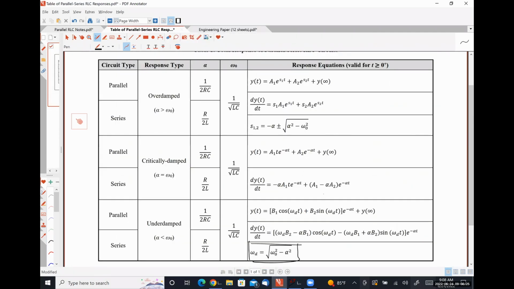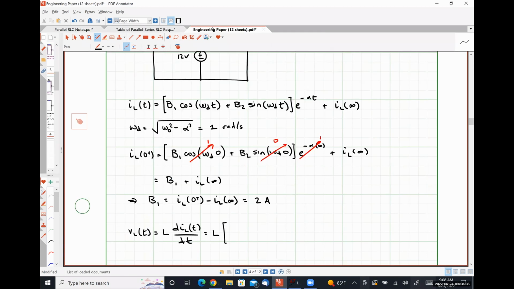I'm using this relationship. So omega d B2 minus alpha B1 times cosine omega d t.